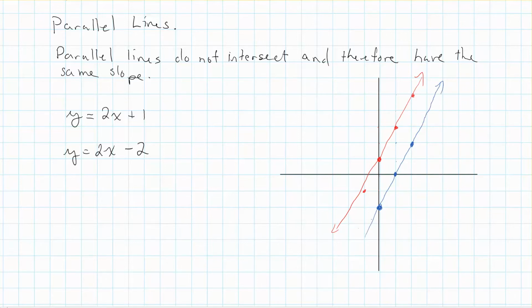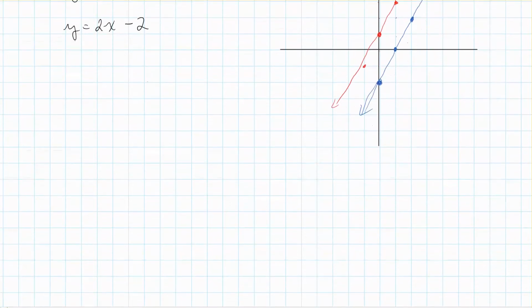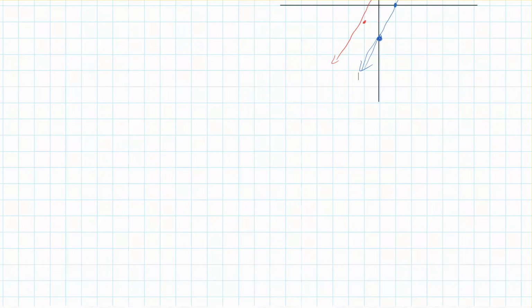My lines drawn aren't perfect, but you can kind of see, even from these, that these are parallel lines. They'll never intersect, and they clearly have the same slope because the equations tell me they have the same slope, just looking at the two equations. Alright, so that's parallel lines. Then let's look at perpendicular lines.